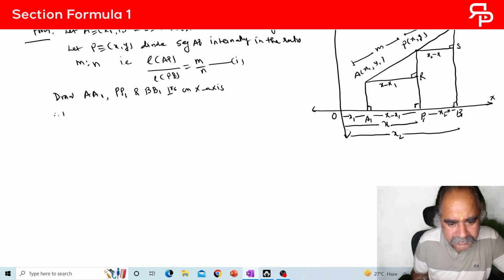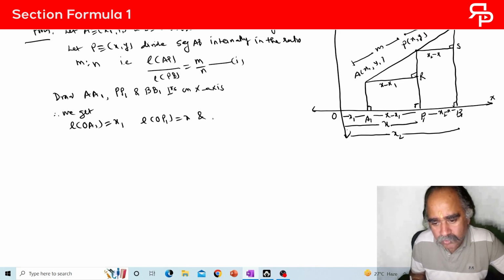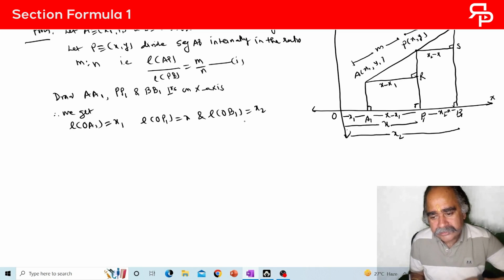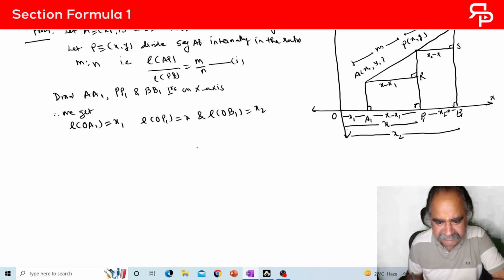Therefore, we get, now from origin, length OA1 will be x1. Length OP1 will be x. And length OB1 is x2. You have to remember which two triangles we have to select. According to that, we'll take betweenness.